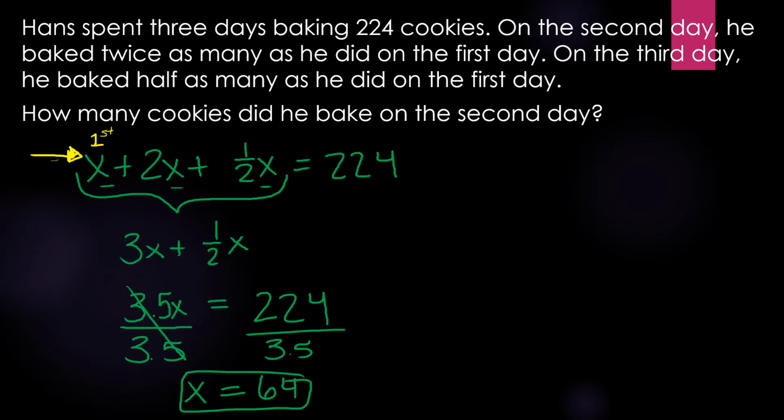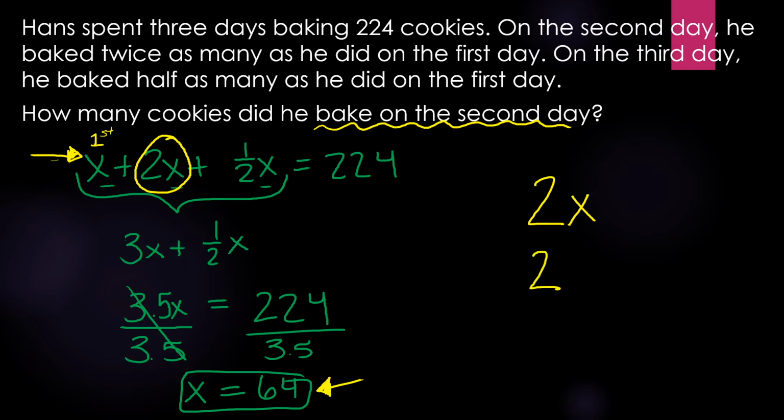Okay, so if I look at the question, it's asking me how many did he bake. Whoops, sorry. The question's asking me how many did he bake on the second day. And if I think back, this 2X here represented how much he baked on the second day. So I need to take 2 and multiply it by X. And X is this 64 here.